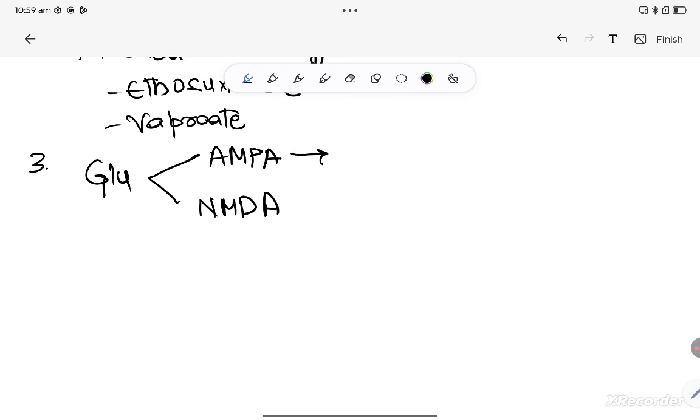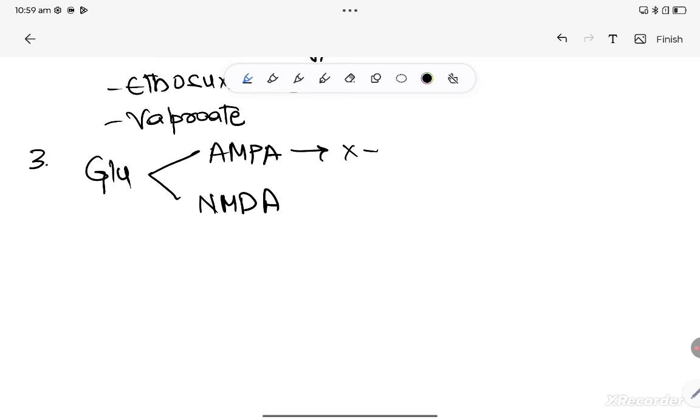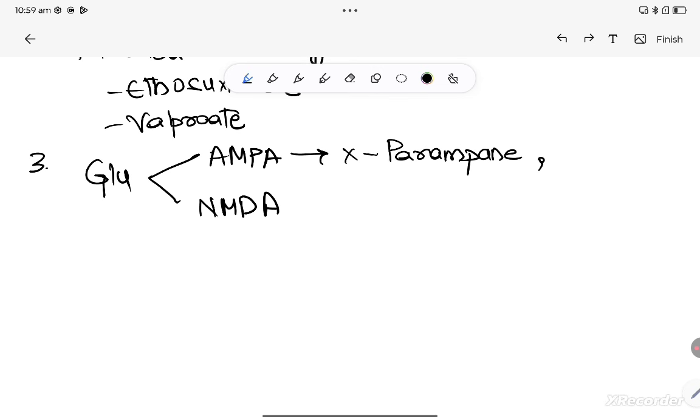Drugs which block the AMPA receptor include perampanel, and drugs such as topiramate can also act through AMPA.